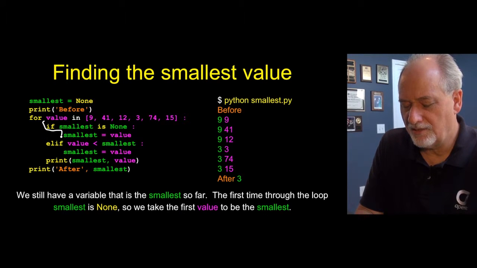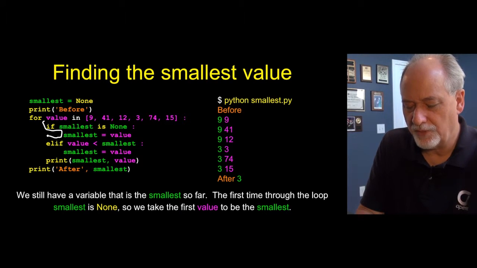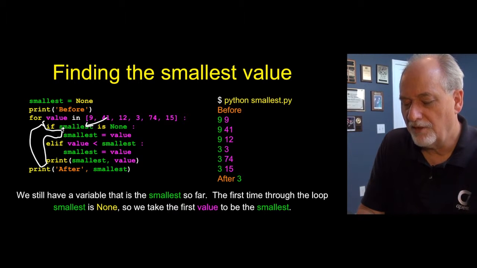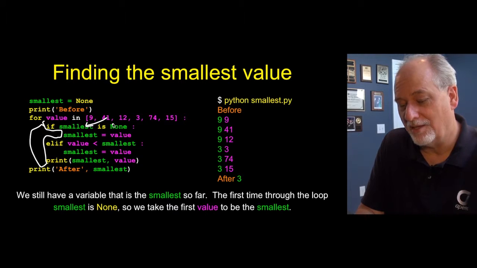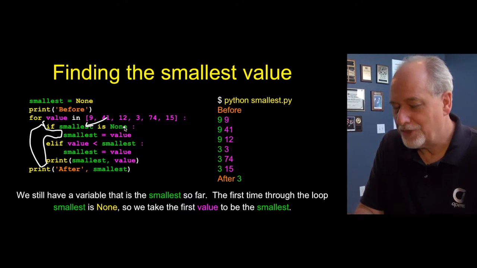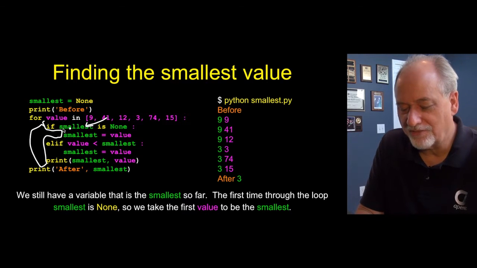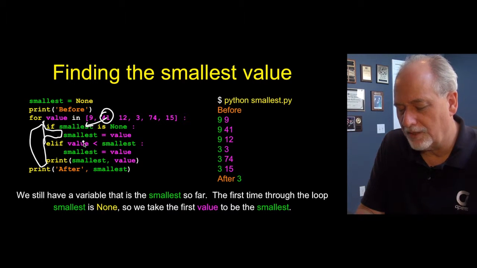Smallest is the value, and then we print it, and we go back up, and now it runs again with 41. 41 is not None. There's only one thing that's None. So smallest is not equal to None, or is not None. So this is false, so it skips over here. Then it asks the question, is the value we're looking at, 41, less than smallest?